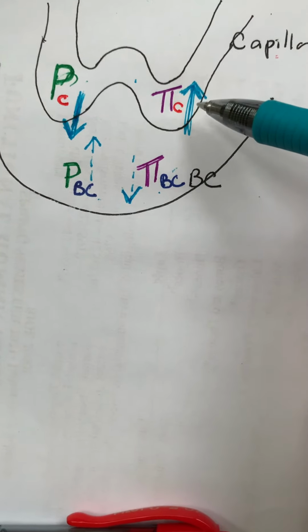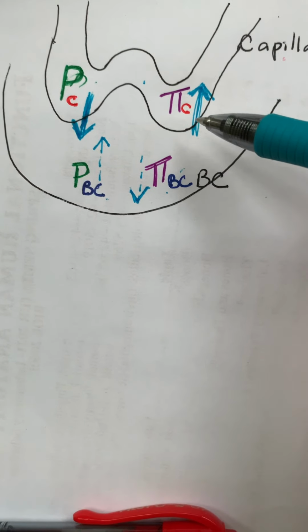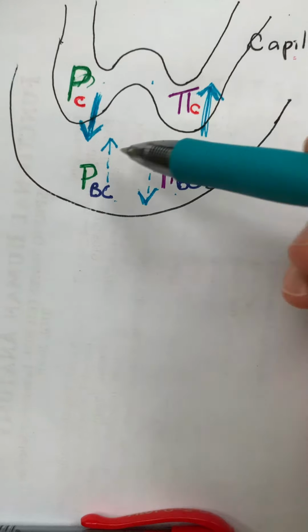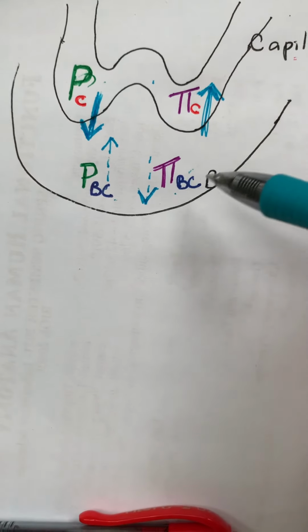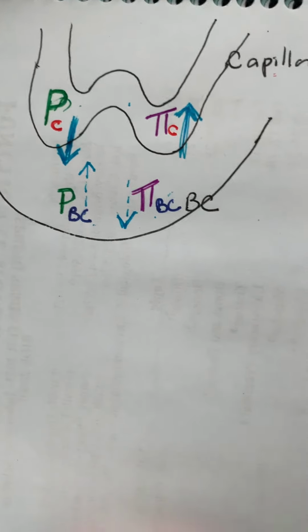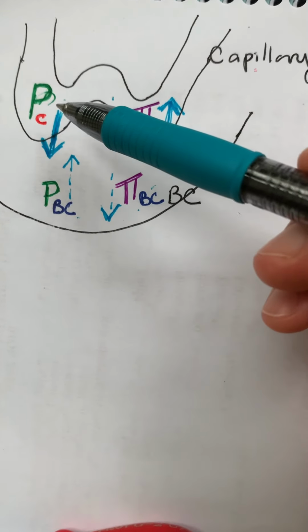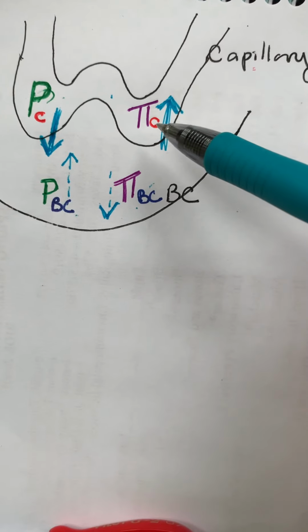And then the osmotic pressure of the capillaries would also oppose our filtration process. Right? So both of the parts of the Bowman's capsule, the osmotic pressure and the hydrostatic pressure, are both going to have dotted arrows because their effects don't have as big of an influence on the movement of fluid as the effects of our hydrostatic pressure of the capillary and our osmotic pressure of the capillary.